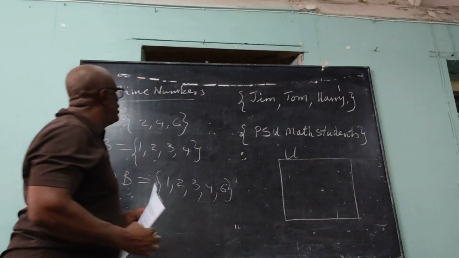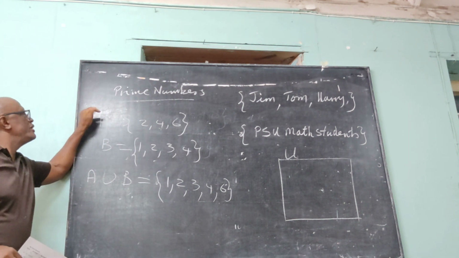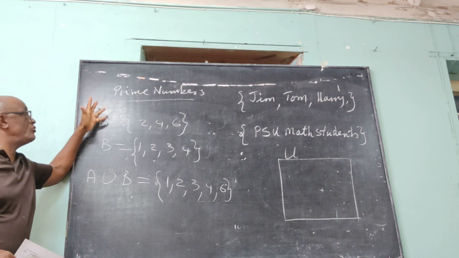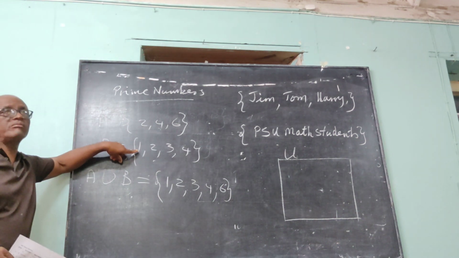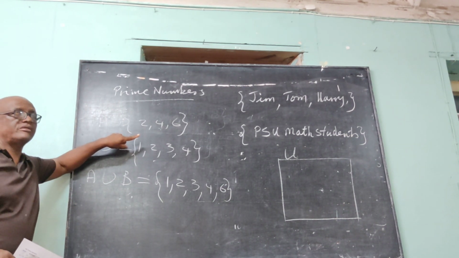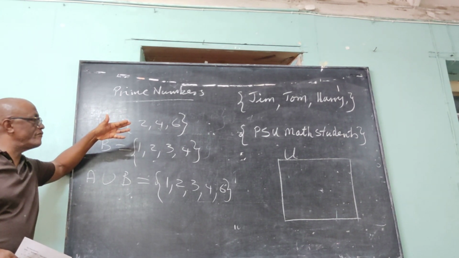Now, we are assuming that these two sets come from numbers from 1 to 6, you could say. That's all? Because the lowest number is 1 and the highest number is 6. Right? So we could say numbers from 1 to 6, right?